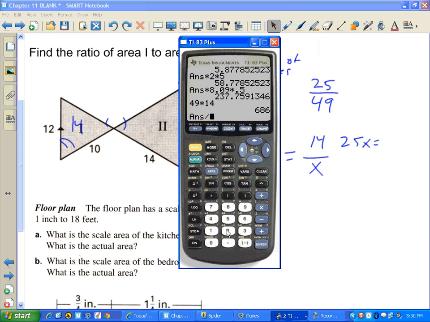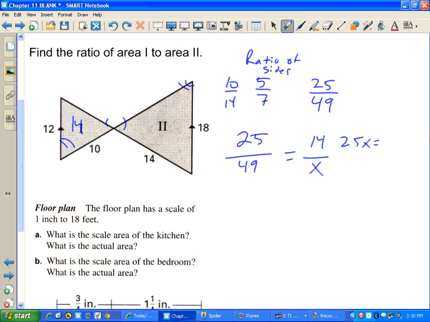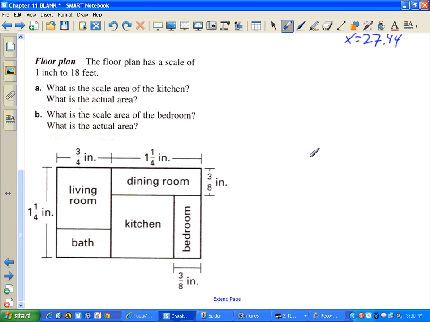And if I divide that by 25, I'll get the area of the other one: 27.44. Okay, and that would be the area of the bigger triangle. So that's why we're finding these ratios, so that we can use them to find missing areas. So if I can't calculate the area, I'm going to use ratios if I have a ratio.